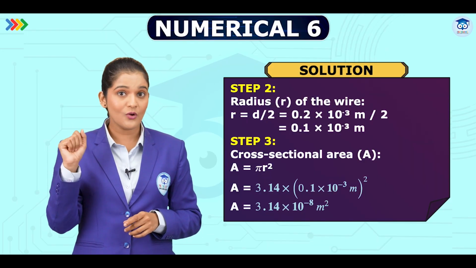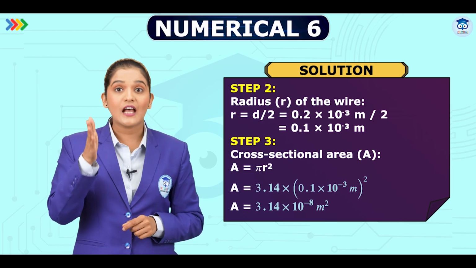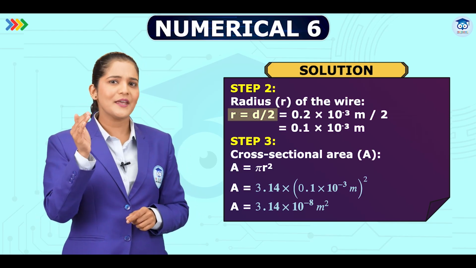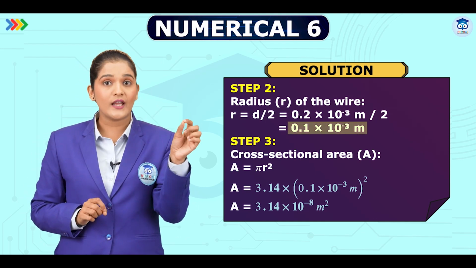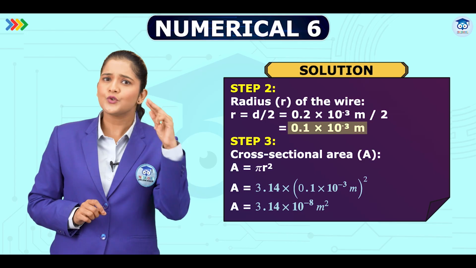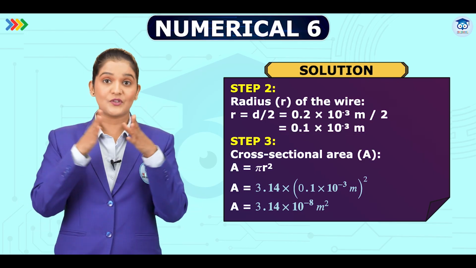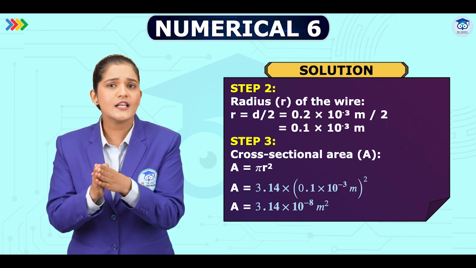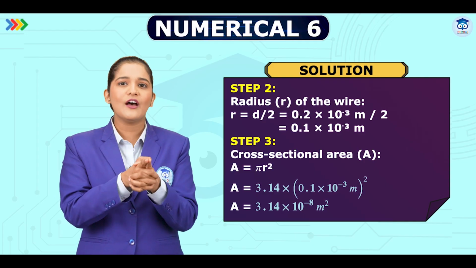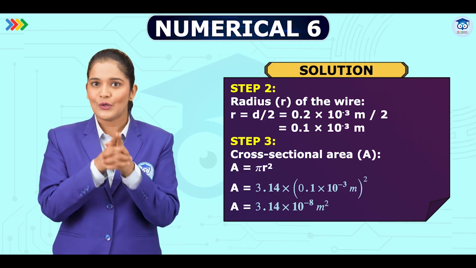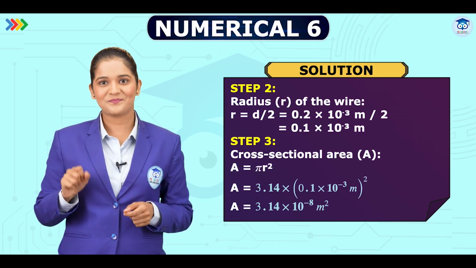Proceeding to step 2, we calculate the radius of the wire. The radius r is equal to diameter divided by 2, which gives us 0.1 multiplied by 10 to the power of -3 meters. In step 3, we determine the cross-sectional area A of the wire using the formula for the area of a circle, which is A equals pi r squared.